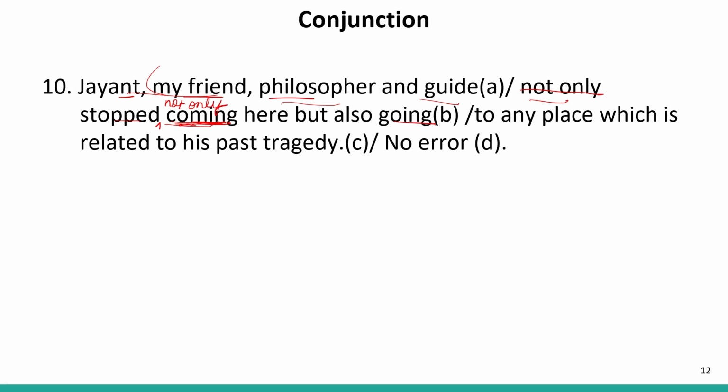So the correct sentence will be, Jayant, my friend, philosopher and guide, stopped not only coming here but also going to any place which is related to his past tragedy. Therefore, our answer is B, because B part contains the error.